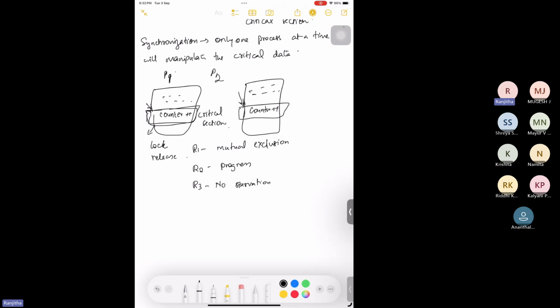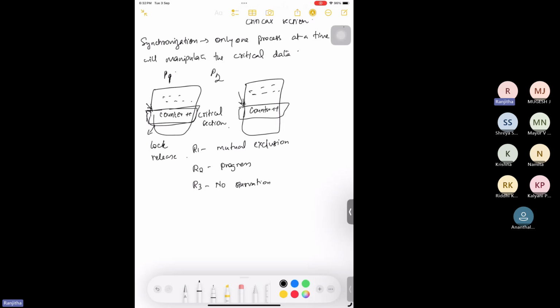If P1 is in the critical section and now P2 is requesting to enter, bounded wait means that once P2 has requested, there must be a limit on the number of times other processes enter the critical section while somebody else is waiting.